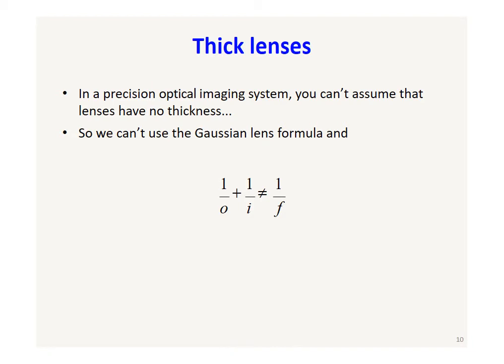A thick lens is one where we can no longer neglect the thickness of it. We can't any longer use the Gaussian lens formula of 1 over the object distance plus 1 over the image distance is equal to 1 over the focal length.